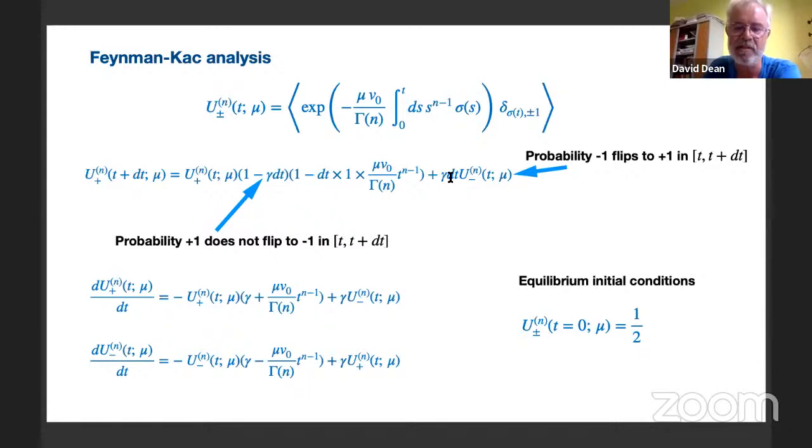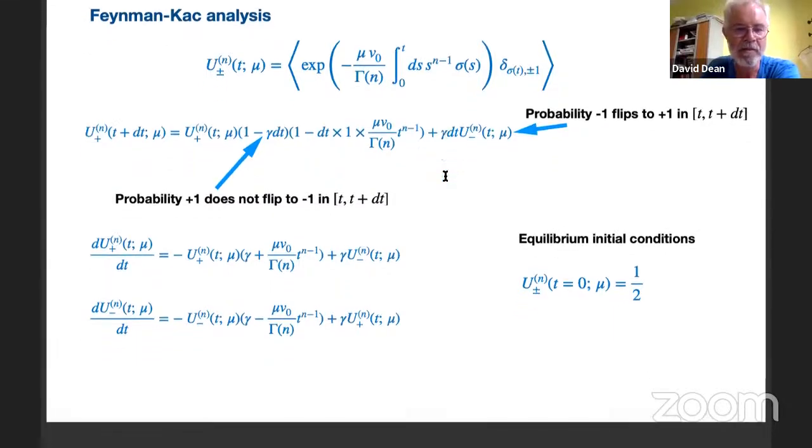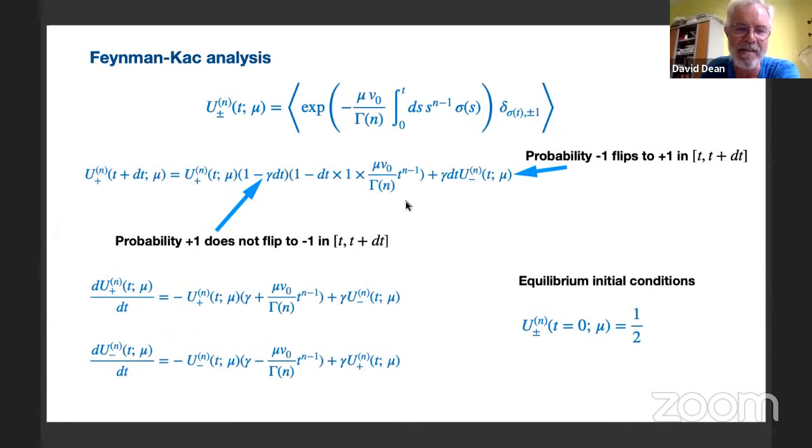This is just saying that with rate gamma the process flips, and you end up going to the state with a minus sign, which you do with gamma delta t. Obviously, you've moved a little bit, so the integral is changed, but the order in which that integral is changed is of order delta t, so that gives you a delta t squared term. So I do exactly the same trick for the function u minus, and you end up getting these two equations here.